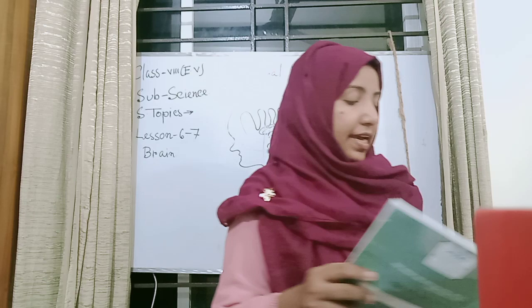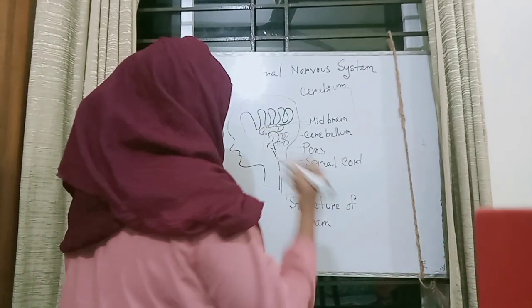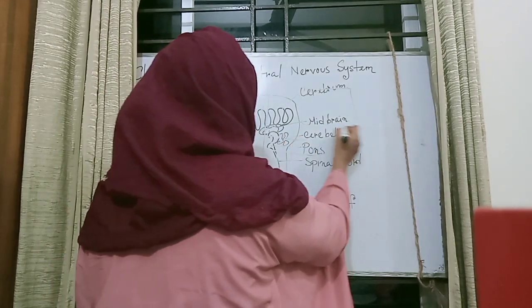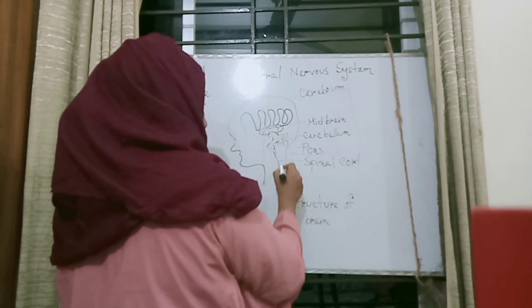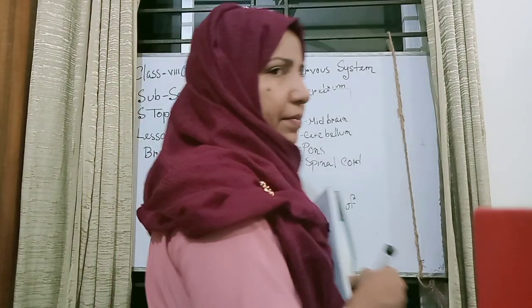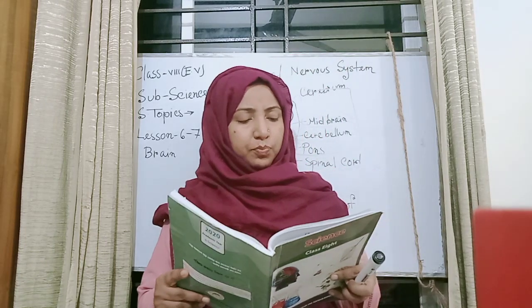This structure is the cerebellum, this is the pons, and this is the medulla oblongata.